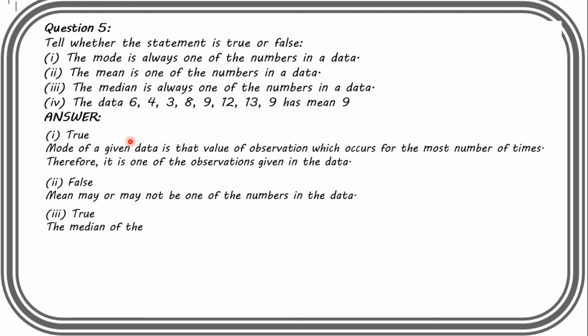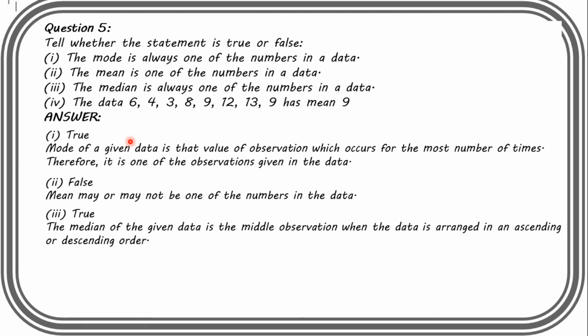Third, the median is always one of the numbers in a data. Yes, it is always in the data, but in some conditions it is not. The median of the given data is the middle observation when the data is arranged in ascending or descending order. The data 6, 4, 3, 8, 1, 9, does it have the mean as an answer?